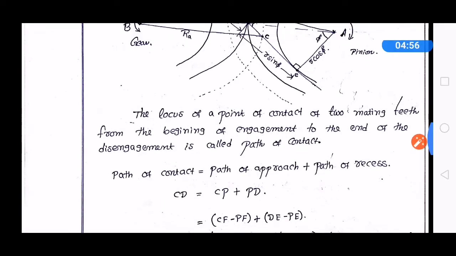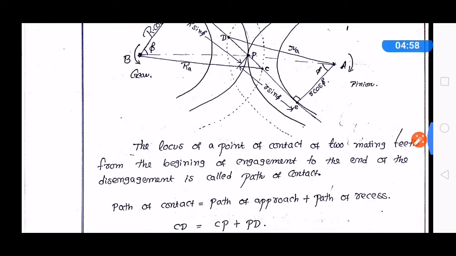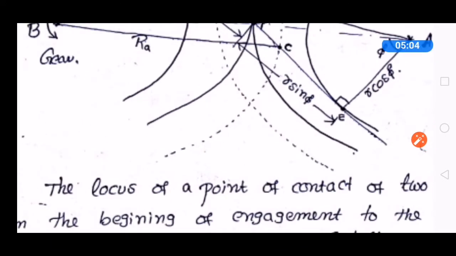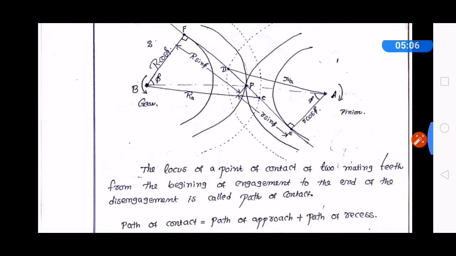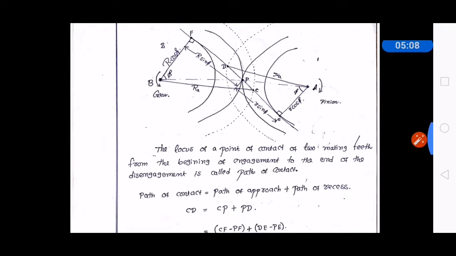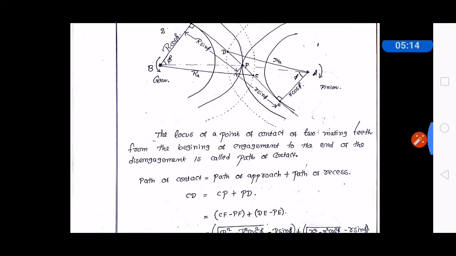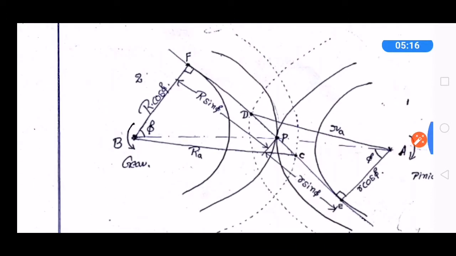So the path of contact is CD. CD is divided into CP plus PD, where CP is the path of approach and PD is the path of recess. I can write CP as CF minus PF. Why are we writing it this way?